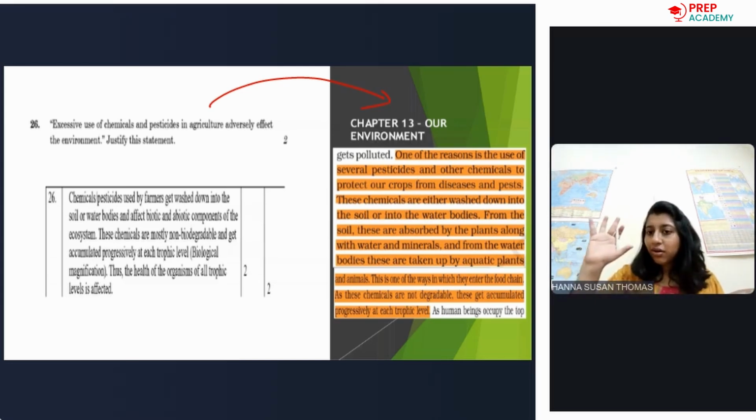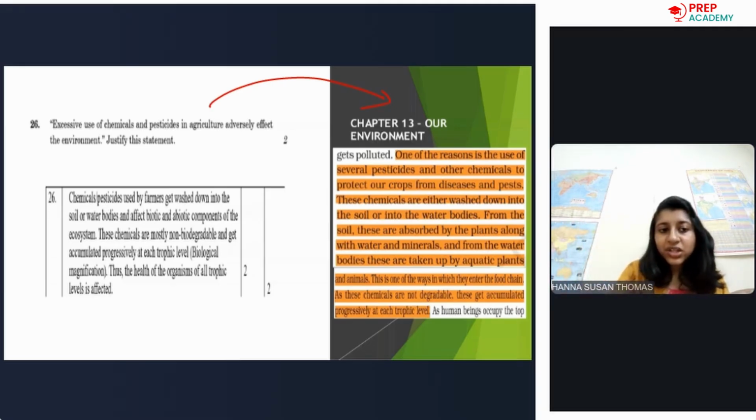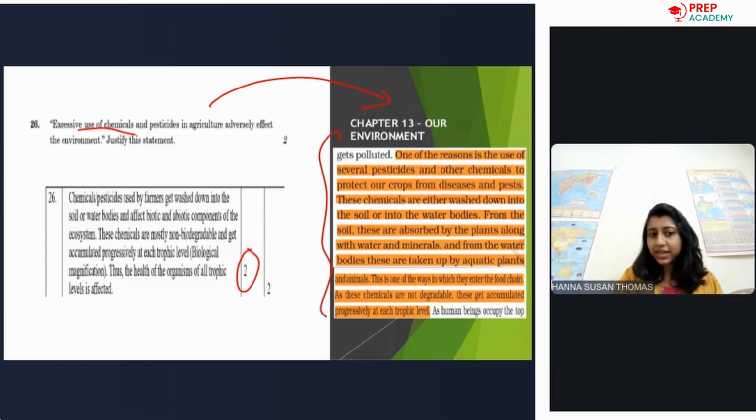So basically, in one word, you can say that this action of excessive use of chemicals and pesticides in agriculture is directly related to the adverse effect in the food chain. This is given in the official answer key also. Chemicals or pesticides used by farmers get washed down, literally the same sentence.